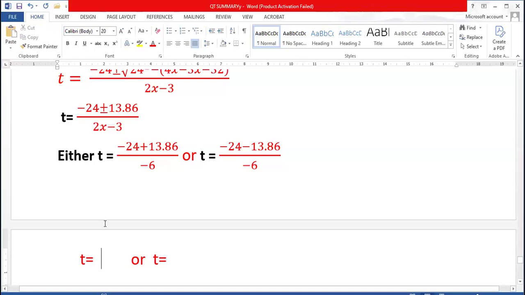Put open bracket, negative 24 plus 13.86, close bracket, divide by negative 6. What do you have? Don't forget to close bracket. Positive what?